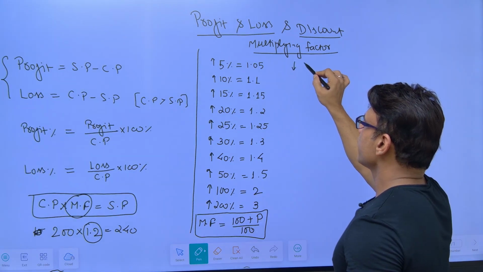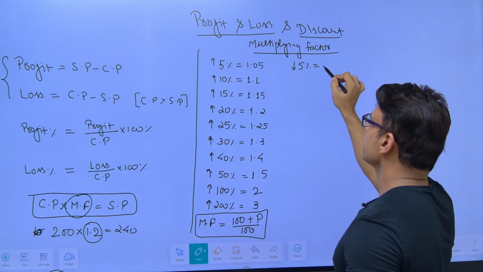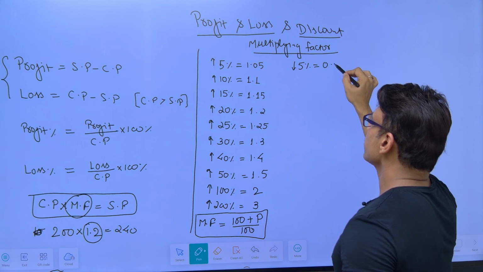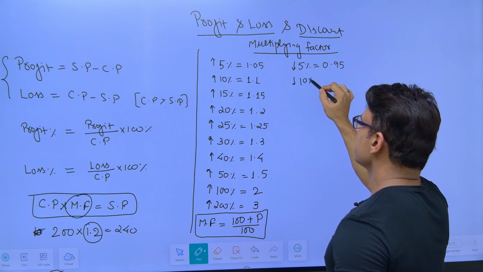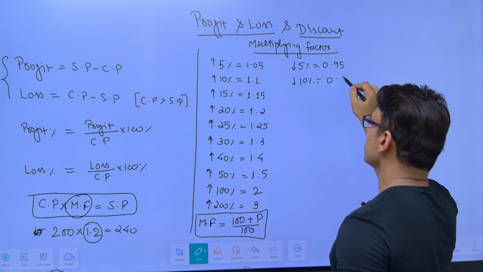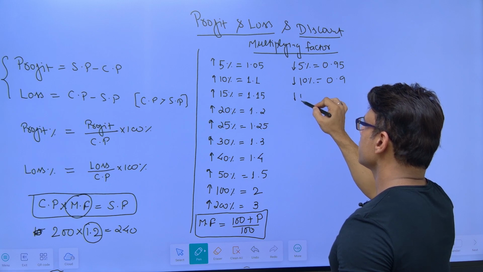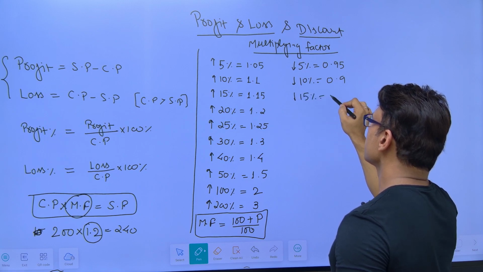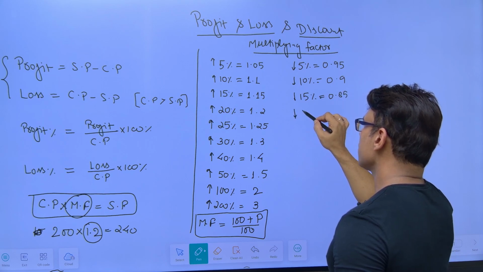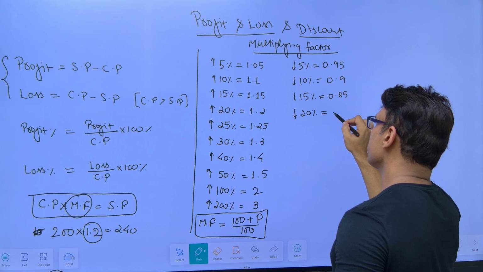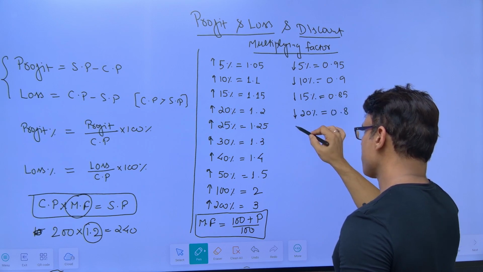Similarly, if some value decreases by 5%, multiplying factor is 0.95. Decreases by 10%, multiplying factor is 0.9. Decreases by 15%, 0.85. Decreases by 20%, multiplying factor is 0.8.